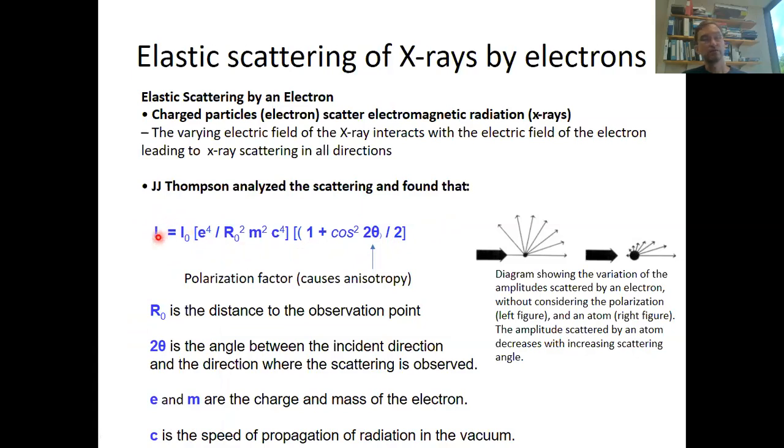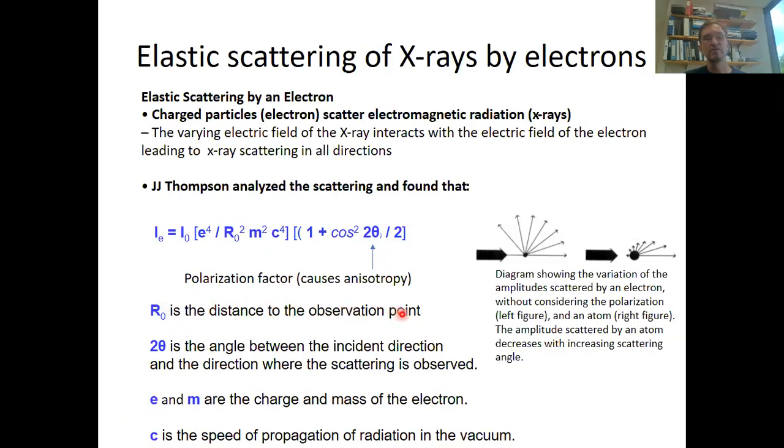So the scattered intensity is equal to the original intensity of the X-ray times e to the power of 4, whereby e is the charge of the electron, times R over R0 squared, whereby R0 is nothing else but the distance to the observation point.